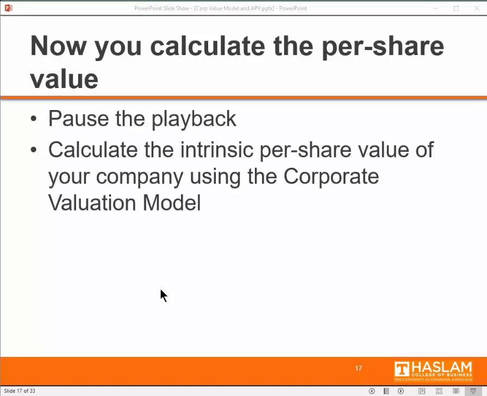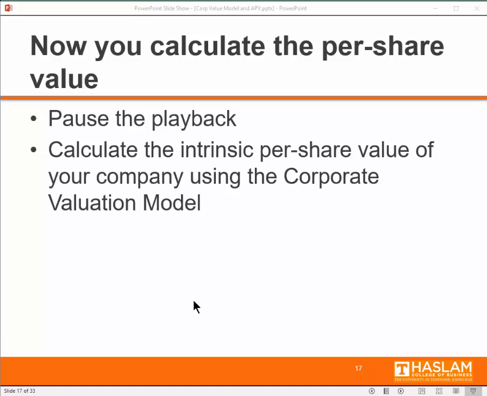So what I want you to do is pause the playback, and go through the steps on your company as well, which is to calculate the intrinsic per share value of your company using the corporate valuation model. You might want to pause and then back up a little bit to see how I did it, but I want you to implement that into your model, and then start the playback again as soon as you're done.